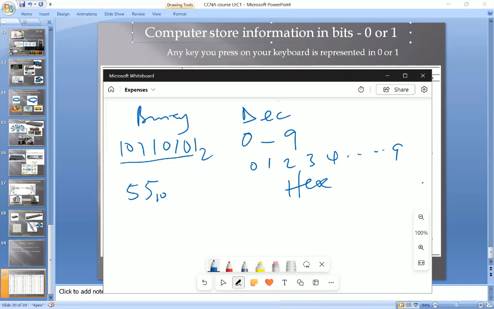So in hexadecimal, when we have 0 to 9, instead of having 10, 11, 12 to 15, hexadecimal will now be A, B, C, D, E. 15 will be F.